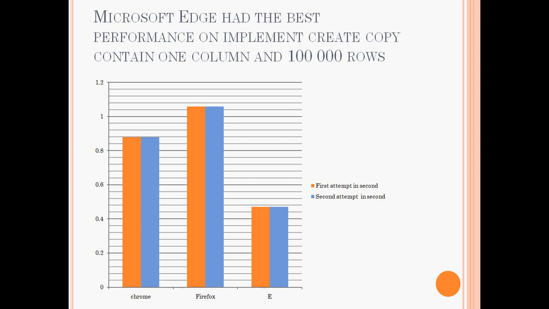Microsoft Edge had the best performance on implementing create copy, containing 1 column and 100,000 rows. The chart shows that Microsoft Edge took the lowest time to implement create copy, containing 1 column and 100,000 rows, therefore it's the best performance.